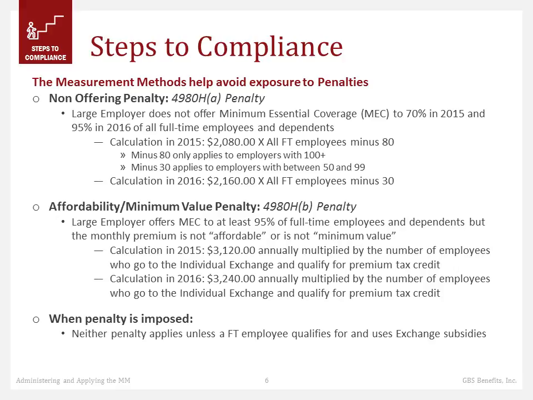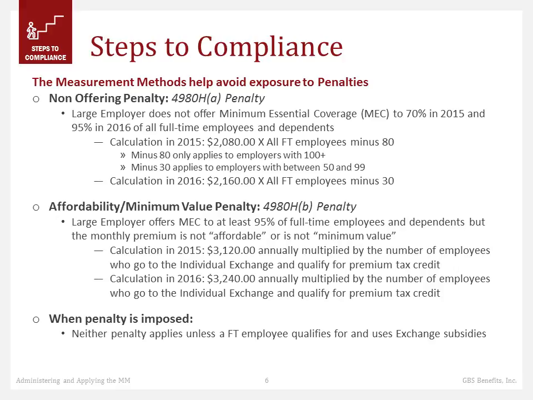Now, these penalty amounts that I've just walked through for both the A penalty and the B penalty are annual amounts. In other words, this amount assumes that you would owe a penalty for all 12 months of the calendar year. That may not be the case, and a lot of times it's not. In a lot of cases, you may owe a penalty for certain months of the year and not other months.